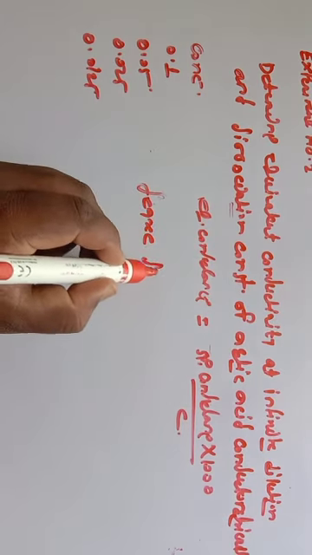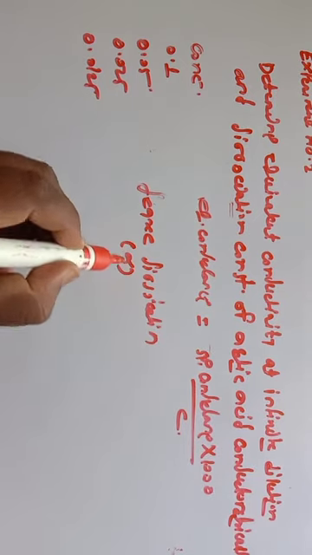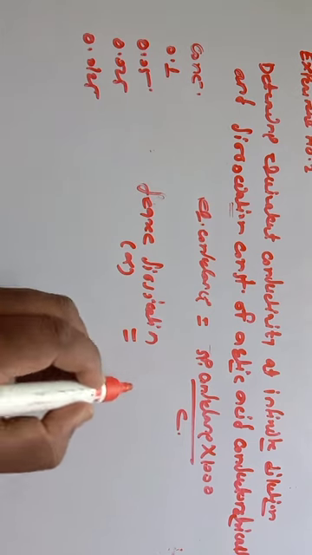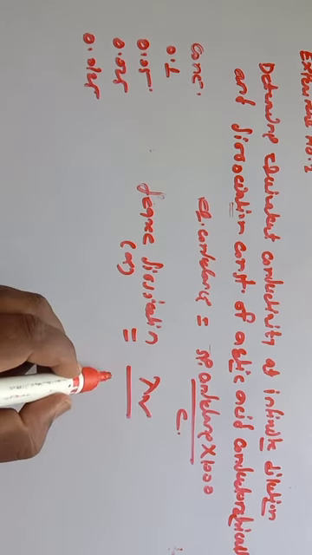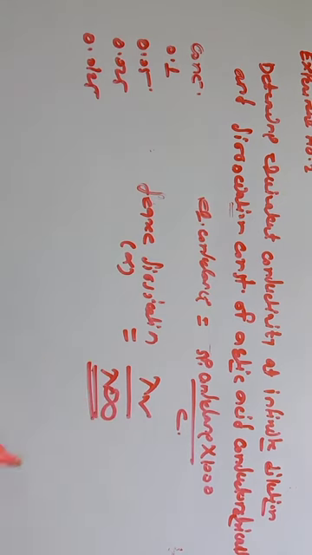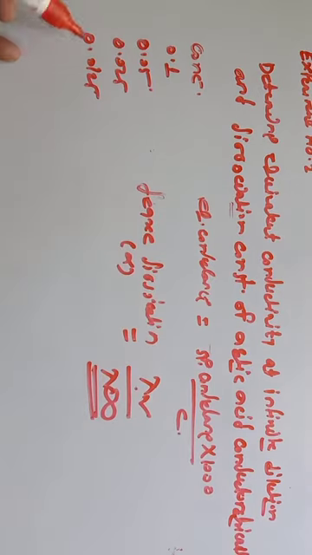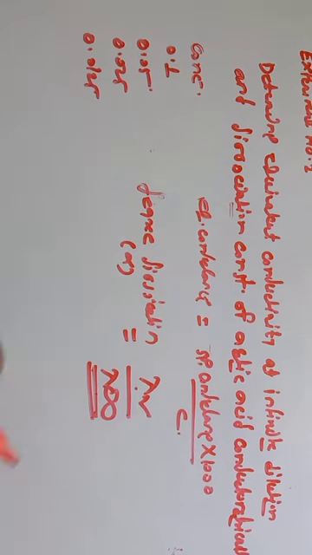Degree of dissociation, that is your alpha, is given by the formula: the equivalent conductivity at given dilution divided by the equivalent conductivity at infinite dilution. This value is known, that is your equivalent conductance for different concentrations, and this value is obtained from the strong electrolytes, that is lambda infinity.